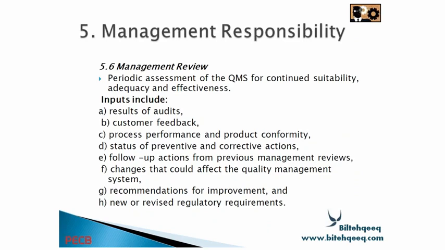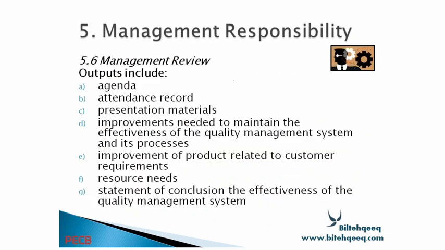So during each management review, these are the requirements of the standard. You have to discuss each element starting from A and ending at H. You can also discuss other things during the management review meeting, but these are compulsory: you have to discuss each element from A to H.